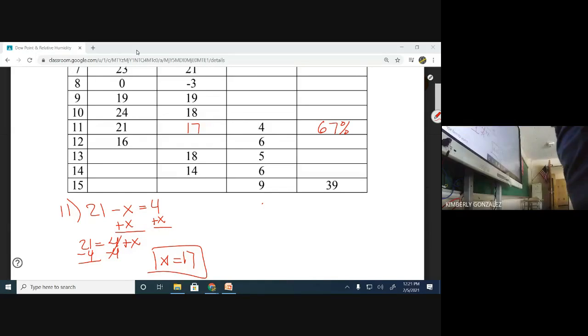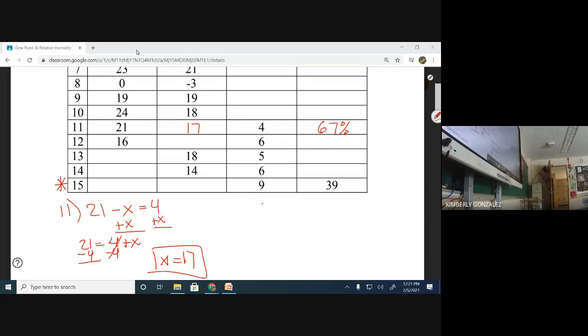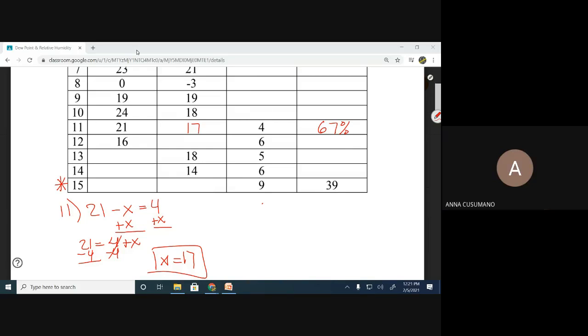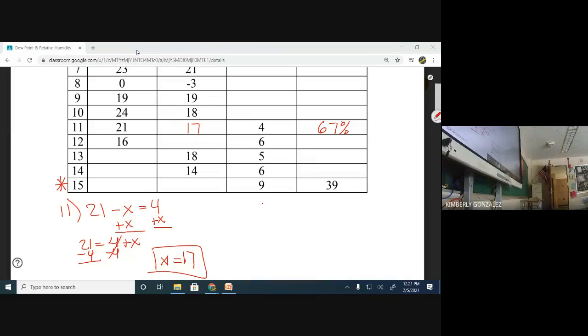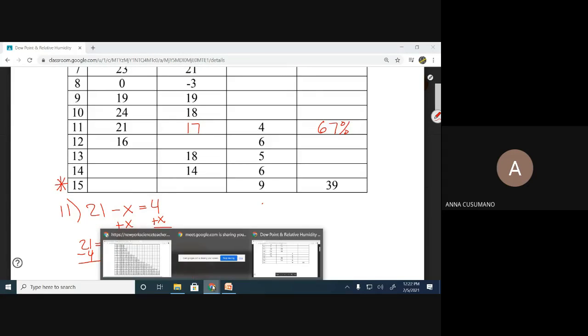Miss Gonzalez, for problem number 6, if you go in between the 15 and 5, it says 50 and 54. Let's look.